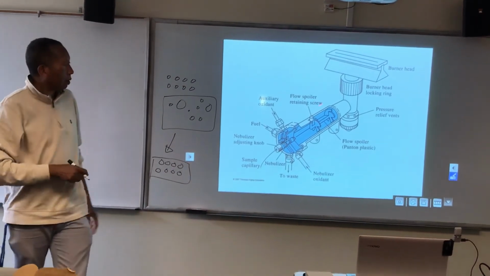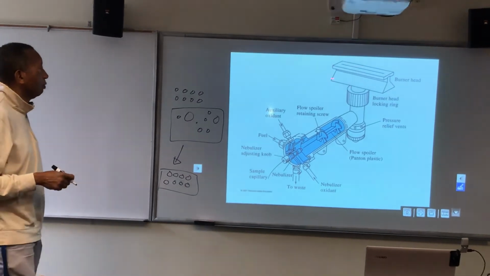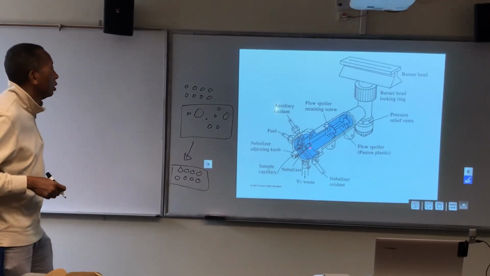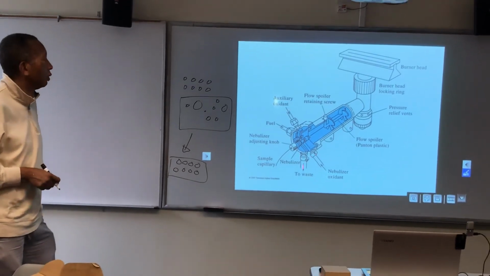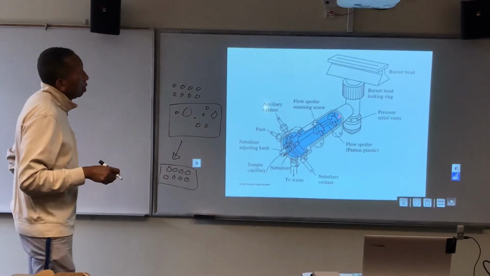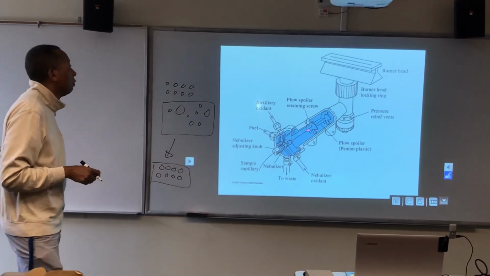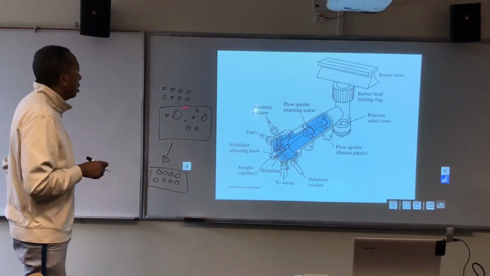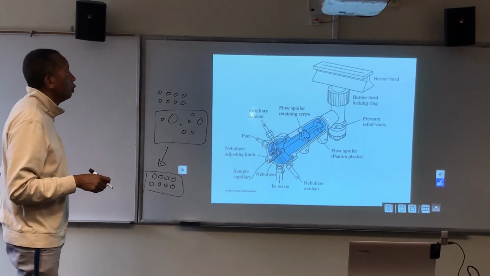As a result, one of the disadvantages of this type of insertion is that most of your sample just goes down the tube. You just waste most of it. So when we start here, we have a wide range of sample size, and when we get to this point the sample sizes are more or less uniform.